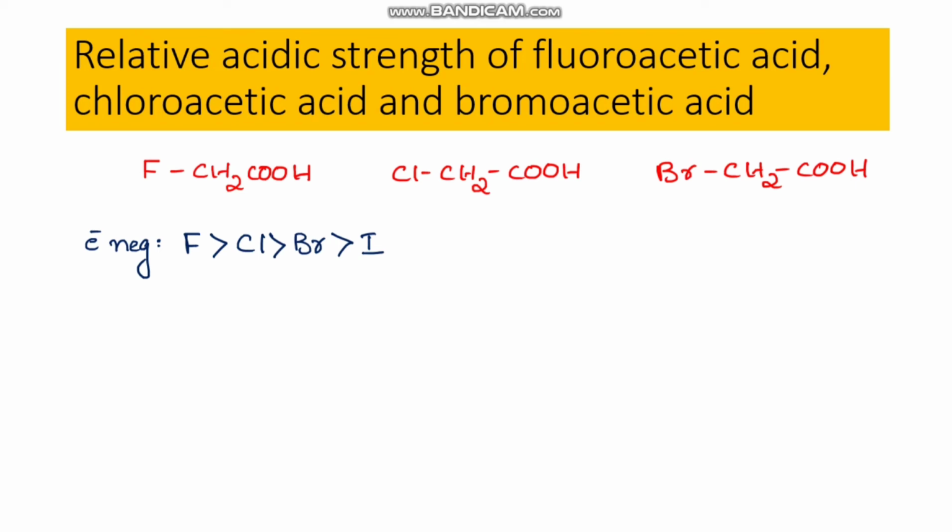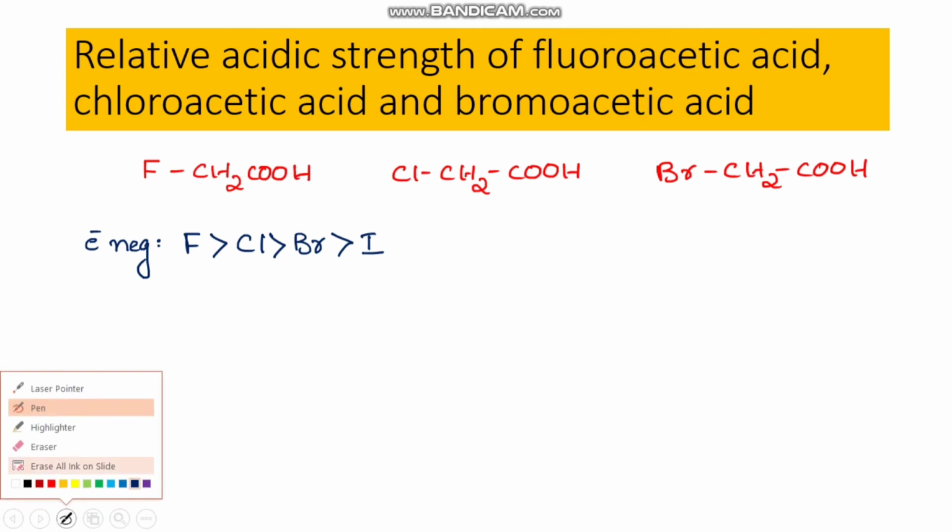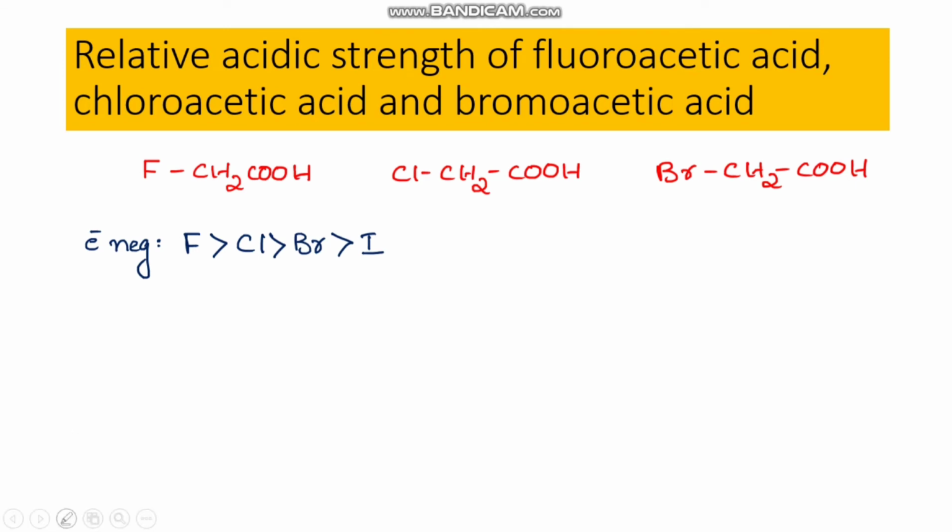So the more electronegative group will show more acidic character. Okay, so here fluoroacetic acid will be more acidic when compared to that of chlorine, which will be more compared to that of bromine. So order of acidity follows. Fluoroacetic acid is stronger acid when compared to chloro, which is more when compared to that of bromo, and which will be more acidic when compared to that of iodoacetic acid.